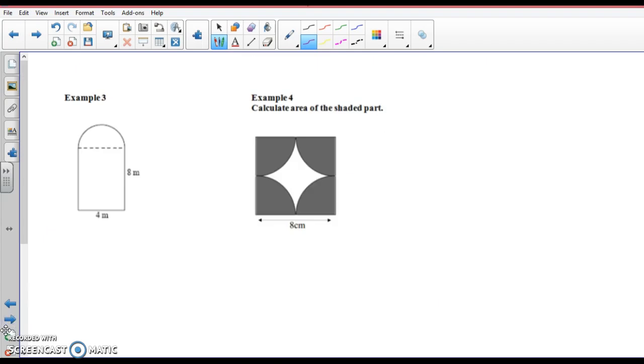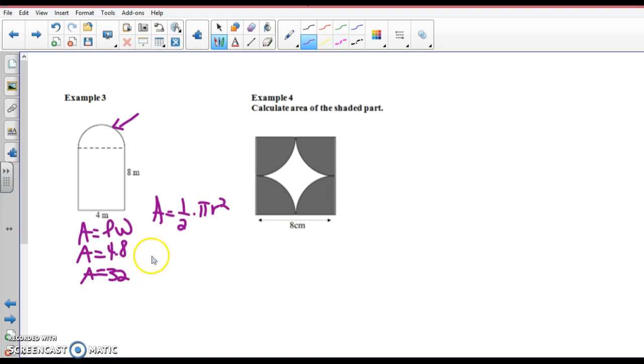All right, this one always throws kids further. I have it split for you. We've got a rectangle. So the area of the rectangle, length times width, is going to be 4 times 8, which is 32. Now, this is half a circle. I highly recommend writing 1/2 times pi r squared, because it's half of a circle. Put that in the formula so you don't forget. So 1/2 times 3.14 times.